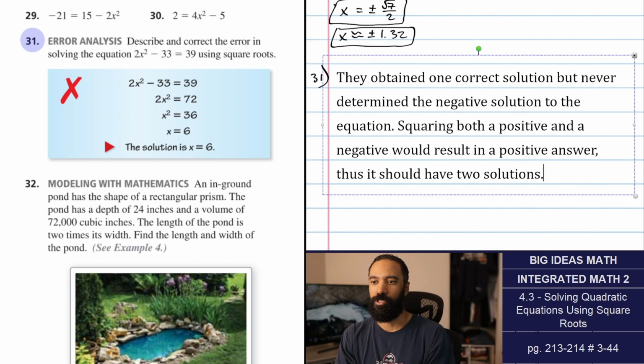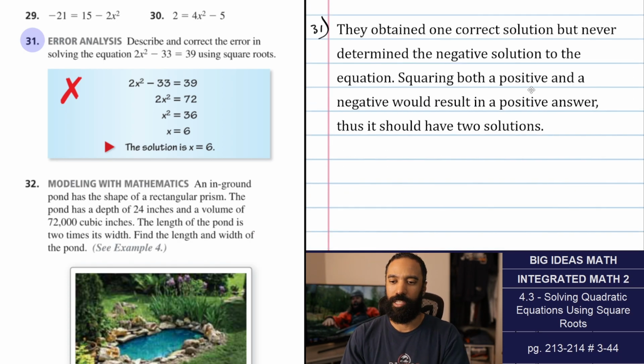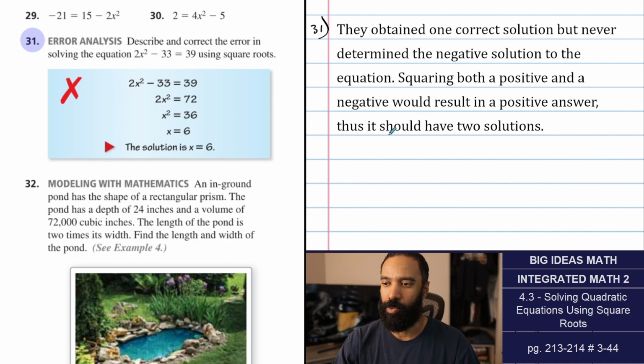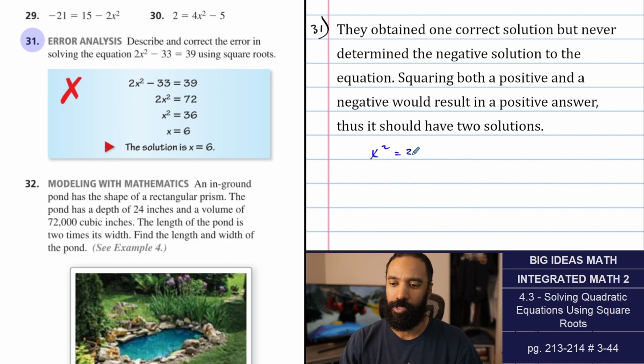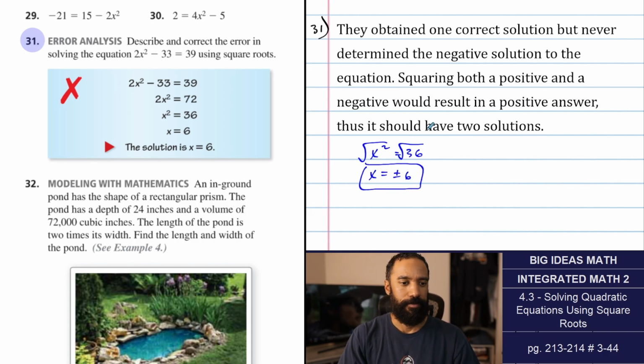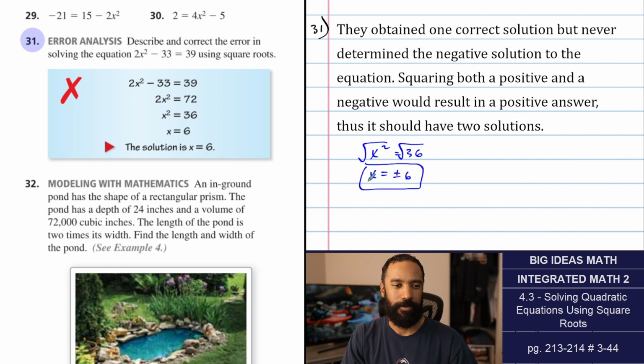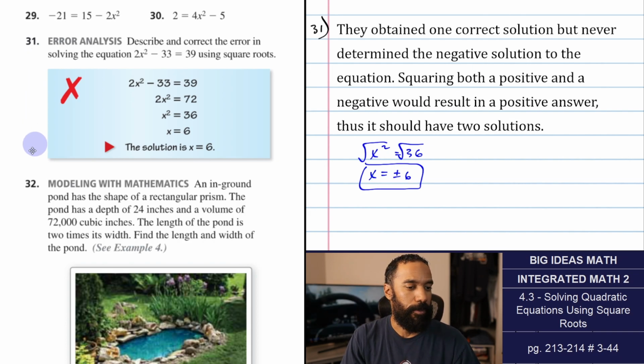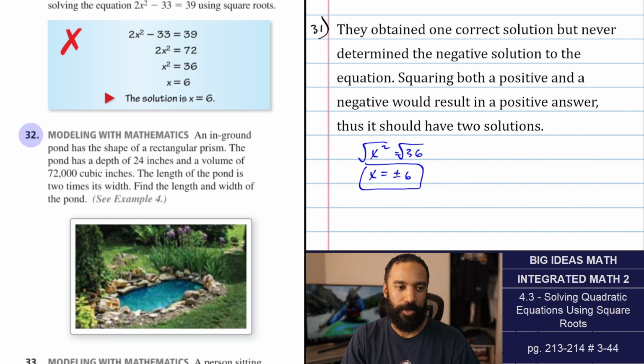Okay, so 2 solutions. So correcting the bit, I'm just going to start from where it said x squared equals. So if x squared equals 36, we take the square root of both sides, we'll get x equals plus or minus 6. Okay, they were pretty close. But that's exactly where most students would falter as well, which is why it's always a good problem to have.